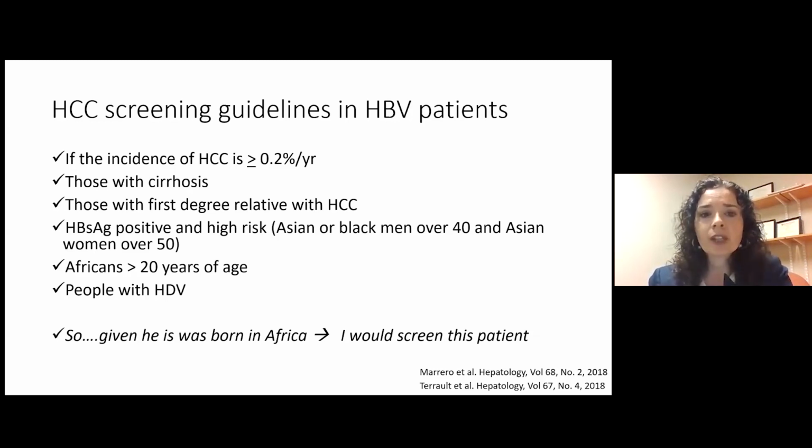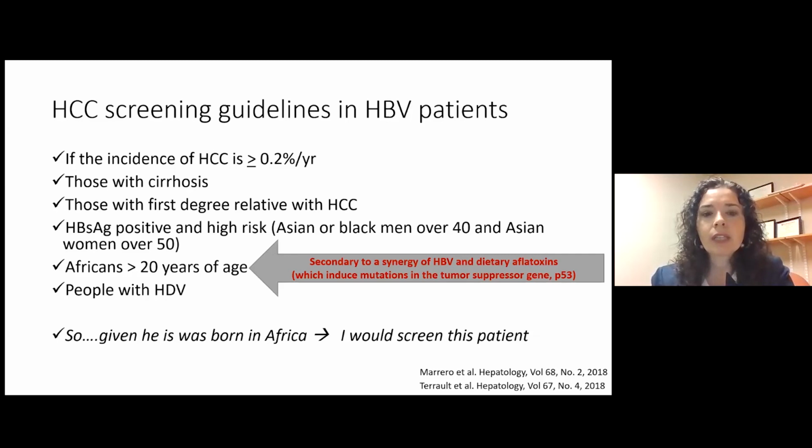If they're surface antigen positive and have high risk, and that's considered any Asian or Black man over the age of 40 or an Asian woman over the age of 50, they are considered at higher risk for HCC and you should screen them. And Africans greater than the age of 20 should also be screened, as well as patients with hepatitis D. So he was born in Africa, therefore I would screen this patient.